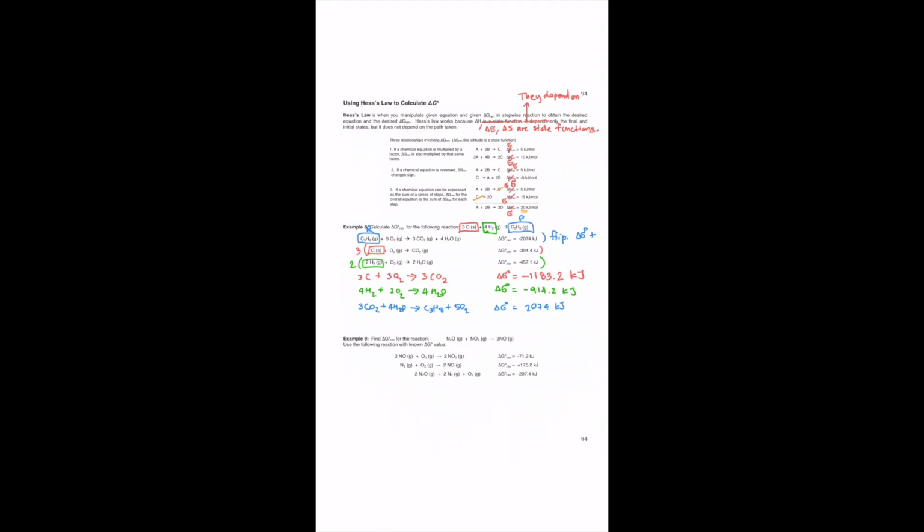You will need to cancel the common species on both sides of the equation. In this case, we see that 3 carbon dioxide can be found on both sides of the arrow, so I can cancel that. Same thing for 4 water, which can also be found on both sides of the arrow. And if you combine the reactant side, you're going to end up with 5 mole of oxygen, and there are 5 mole of oxygen here as well. Therefore, you can cancel those two.